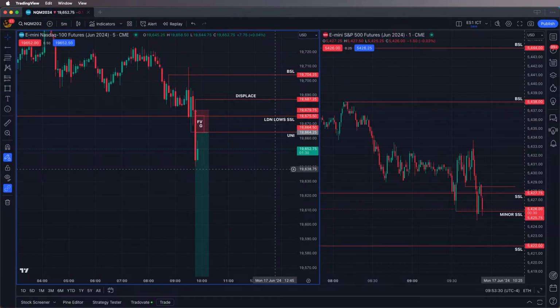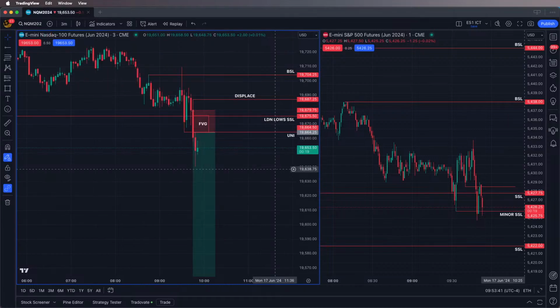If we get this 5-minute bearish, it's going to make the trade a lot stronger. So we're going to look for shorts off a tap on that 5-minute. If we get this 5-minute, I'll be entering off a tap.